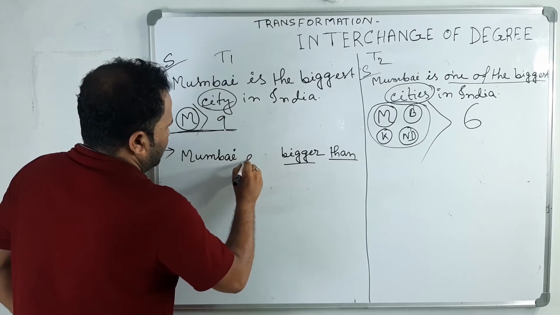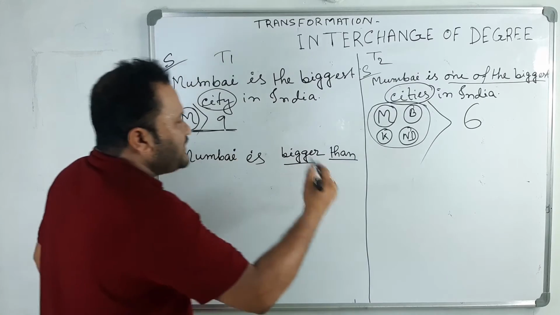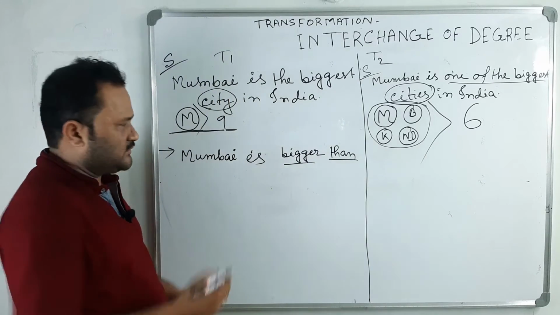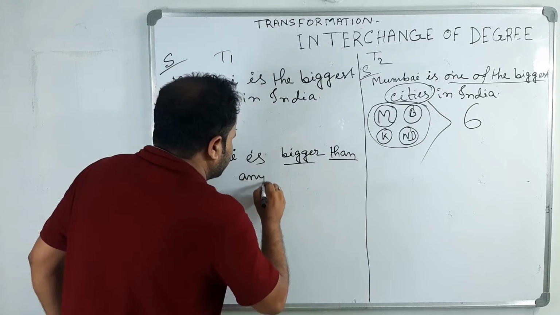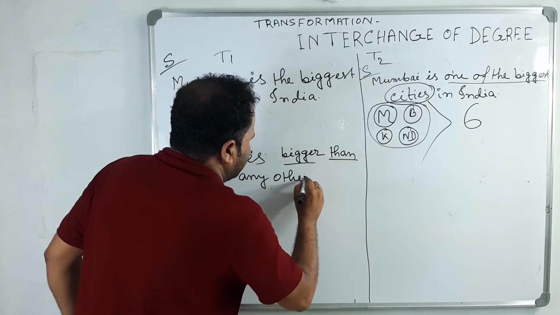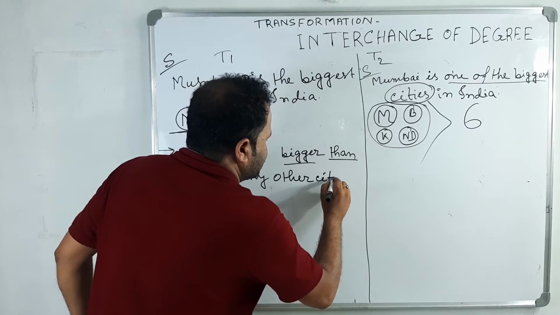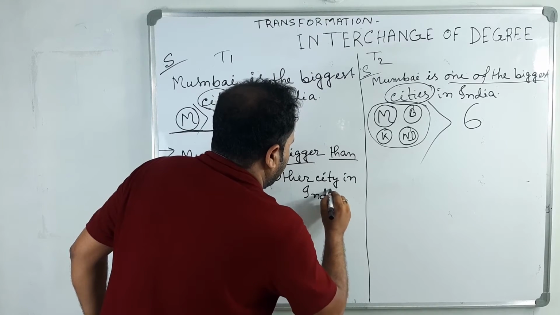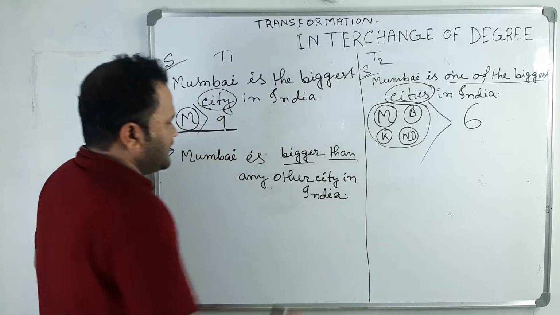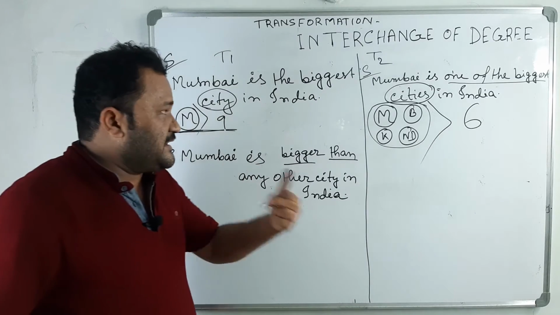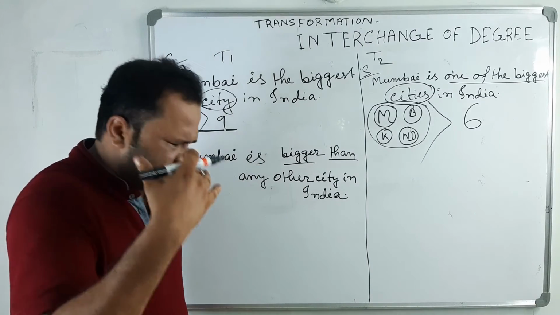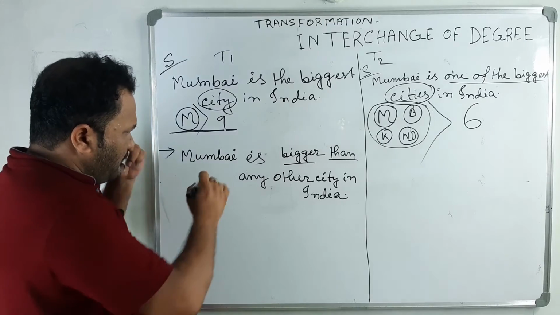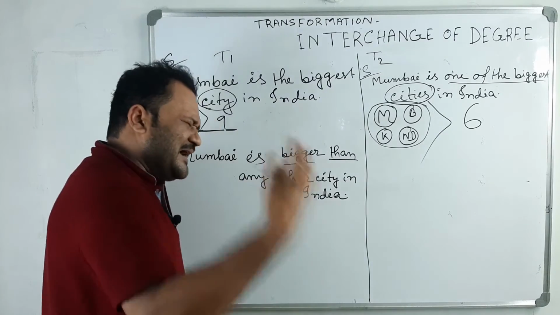So, Mumbai is bigger than what? Any other city in India. Mind it. मुंबई इज बिगर देन, किसी भी सिटी से बड़ा है, इसका मतलब मुंबई इज बिगर देन एनी अदर सिटी.